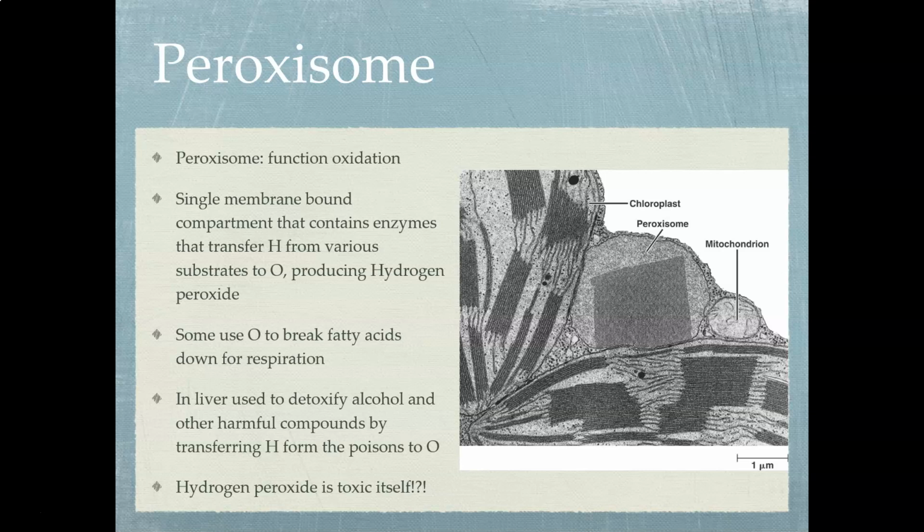And so it ends up causing all sorts of damage to that liver tissue. If this happens long term, then we talk about things like cirrhosis of the liver, because you're producing so much hydrogen peroxide from these peroxisomes that your body can't keep up breaking it down, and it just destroys that liver tissue as a result.